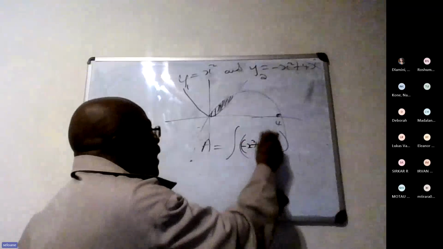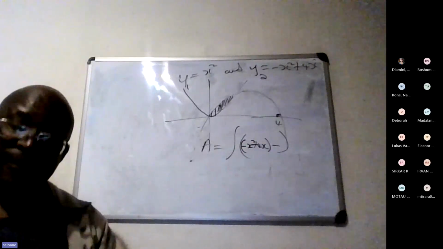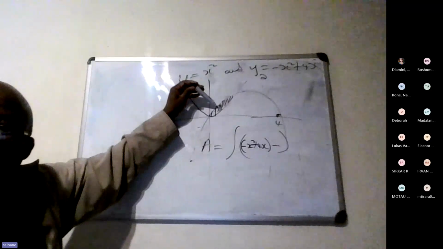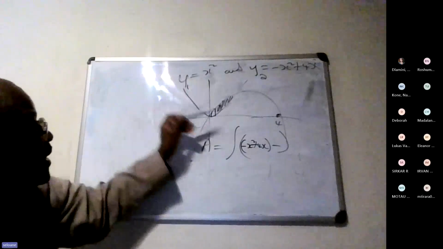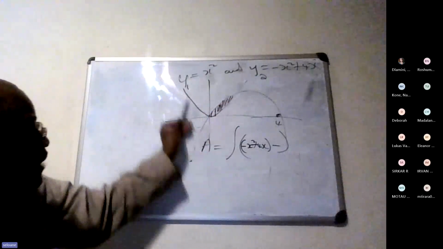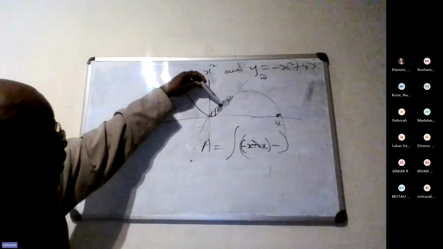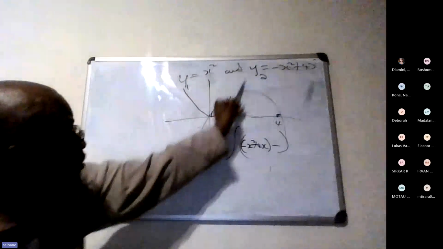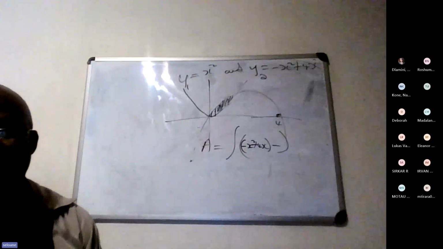Then you subtract the lower boundary. If you are here and then you want to go down, obviously you will be prevented by part of this graph. When you are here, go down, you touch this. When you are here, go down, you touch it. Therefore, this graph, or part of this graph, is the one that will form our bottom boundary.